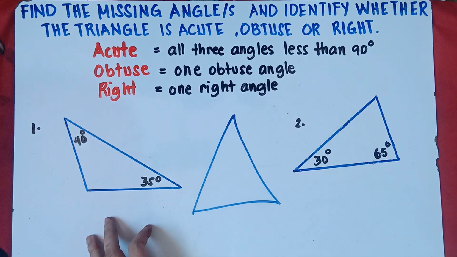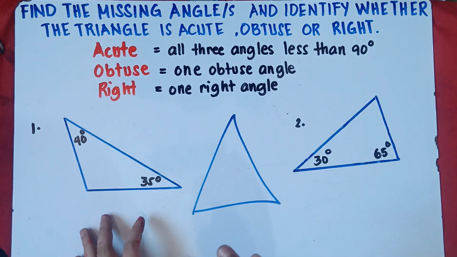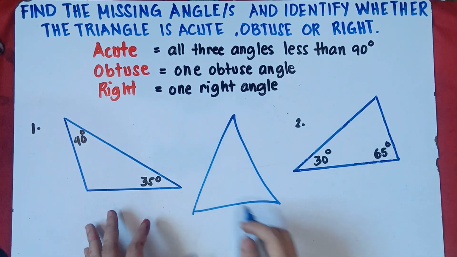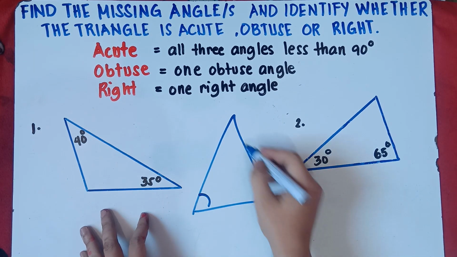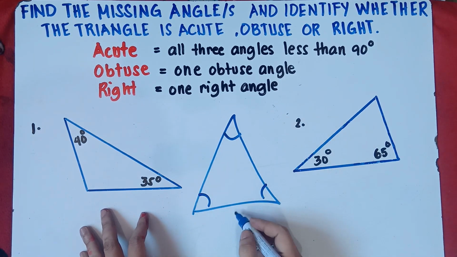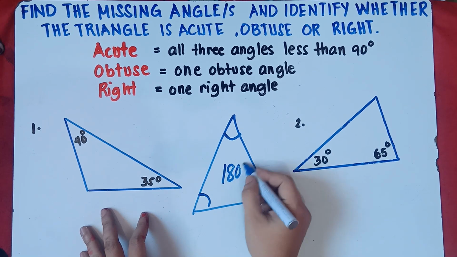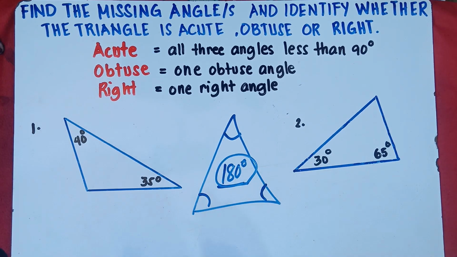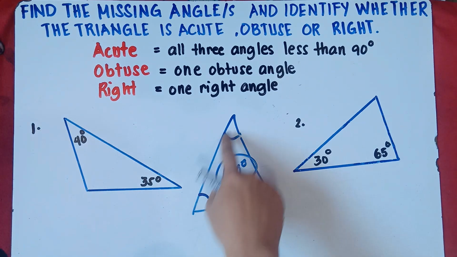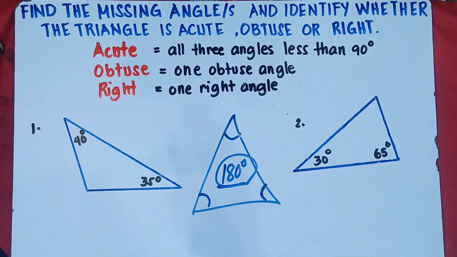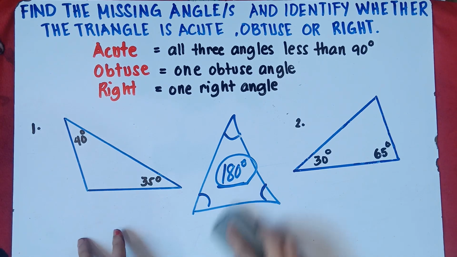If you have any kind of triangle, whether equilateral, isosceles, acute, obtuse, or right triangle, if you add these three interior angles, it should be equal to 180 degrees. That's automatic, class. Always remember that one.